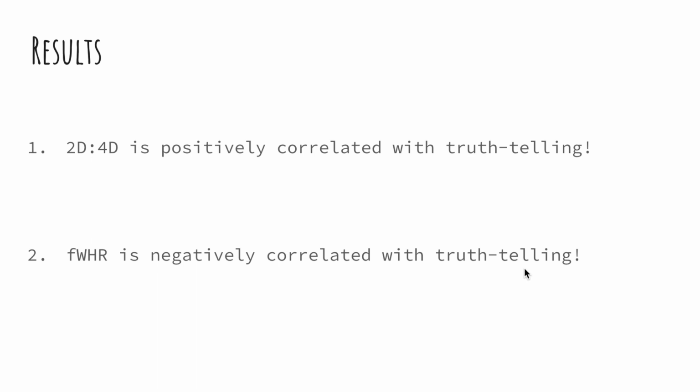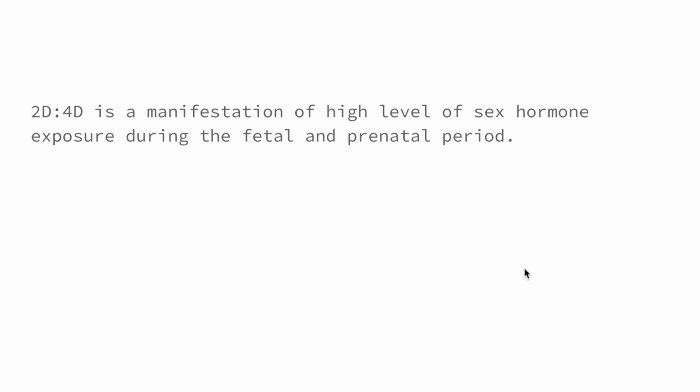So why is that? Actually, the results are not controversial. Previous research has found that 2D:4D is a manifestation of a high level of sex hormone exposure during the fetal and prenatal period. So 2D:4D is a manifestation of high masculinity.